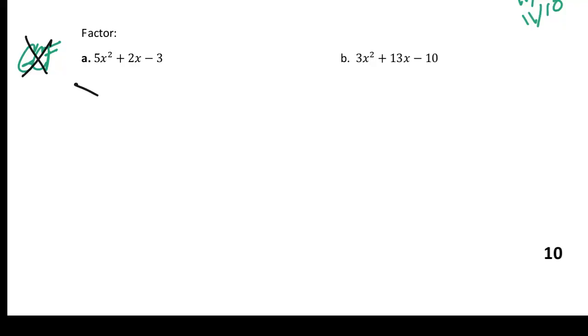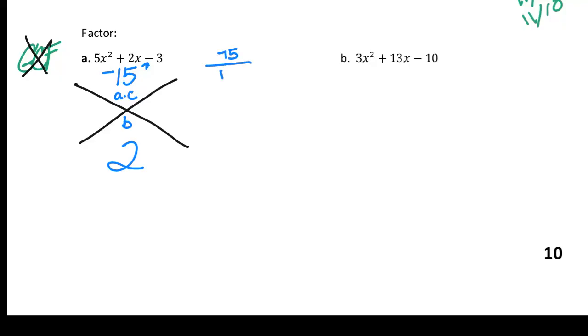The x factor. A times c goes at the top. What is a times c? Negative 15. Excellent. Yes, you do need to include that negative. And b goes on the bottom and is 2. So factors of negative 15 are 1 and 15.